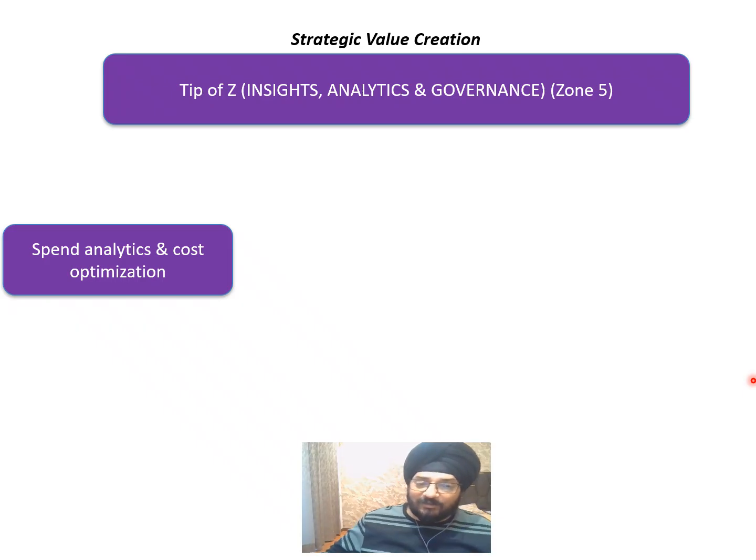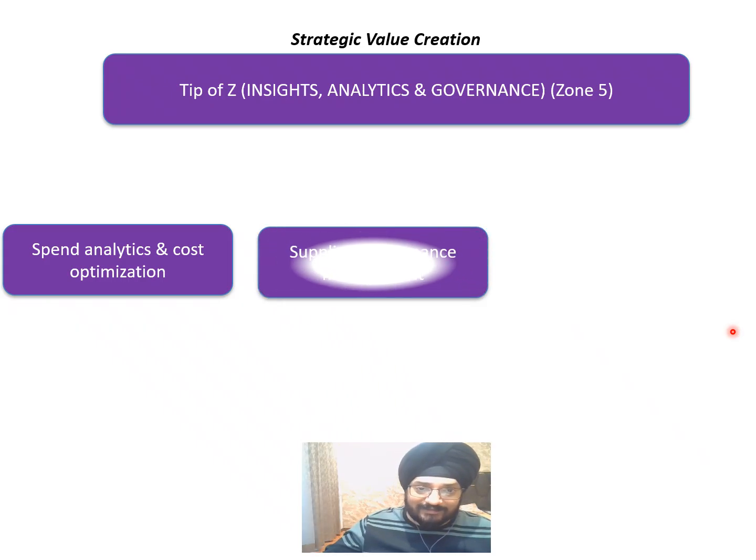So the first one that organizations normally look at is spend analytics, cost optimization, to ensure that they know the area in which their money is being spent, what can be optimized, and how it can be controlled. If at all we are spending money on some items which are not necessary, how can that be controlled, and if we are spending less money on much needed items that we need to procure at a fast pace, we need to have that diagnostics made available to us.